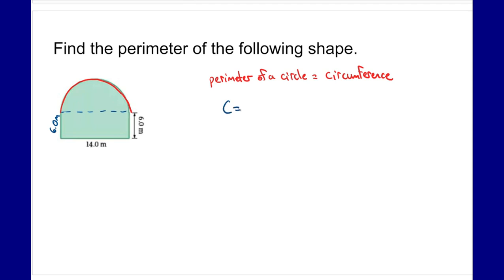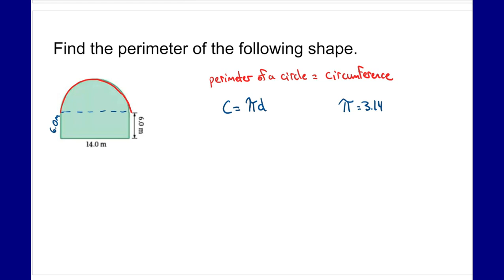So then C is equal to pi times the diameter. Pi, if you don't know what pi is, it's delicious. I'm joking. Pi is 3.14. It is an irrational number. It does keep on going on forever, but we can use 3.14, or you can use the button on your calculator. Either is fine.